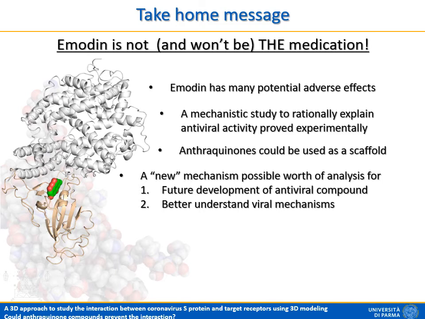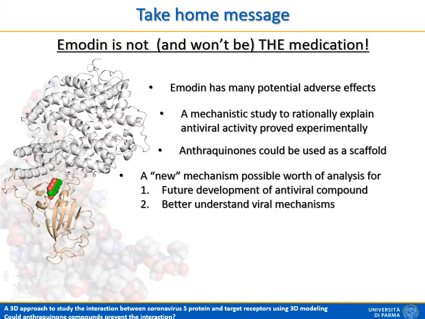So just to recap, of course, Emodin is not and won't be the medication. We are not trying to sell that, and for many reasons, including the diverse toxicological properties and activities of Emodin. But beyond that, the main important outcome of our work was the identification of a possible mechanism of action to explain the activity of Emodin.